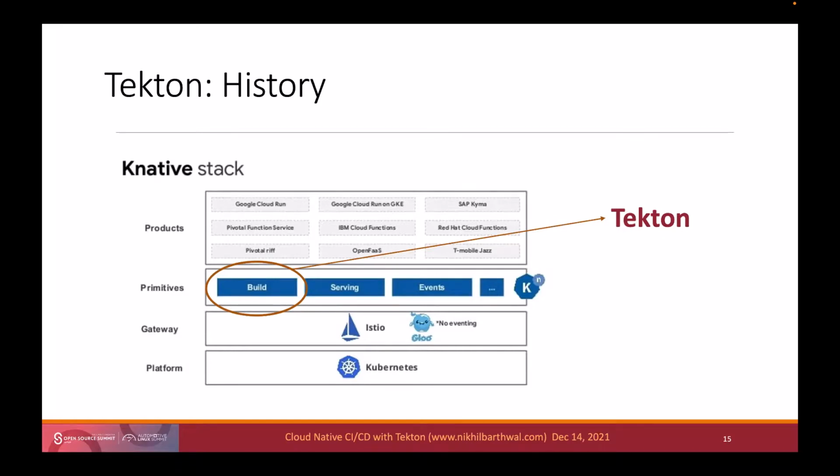And that is how Tekton originated. It originated as a Knative project, which due to its popularity was taken out and became a standalone project of its own. The Knative website is knative.dev. You can see right now that serving and eventing are the two main repositories. Build has been deprecated because it has moved to Tekton.